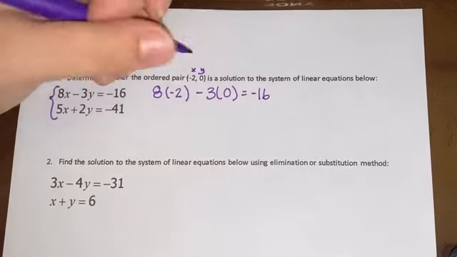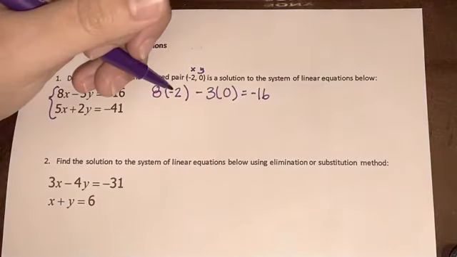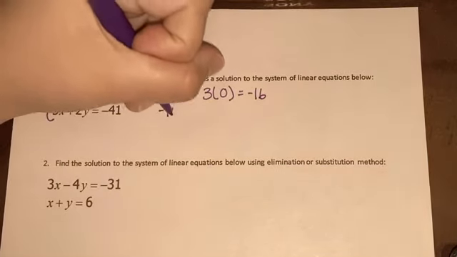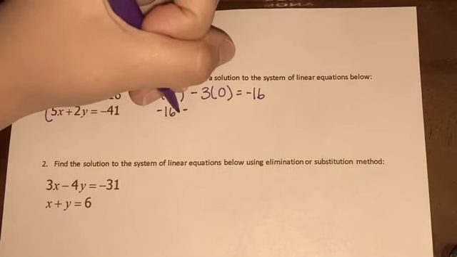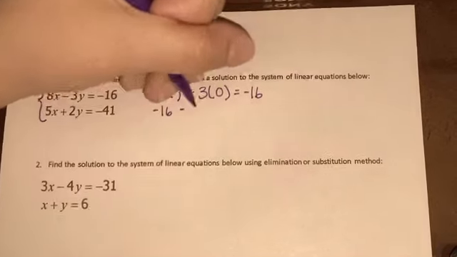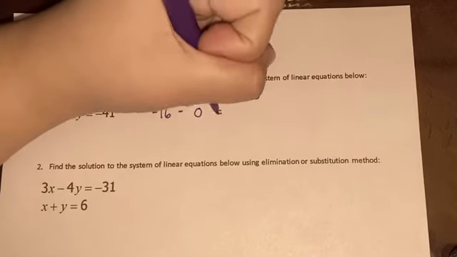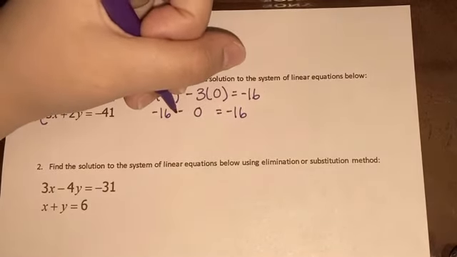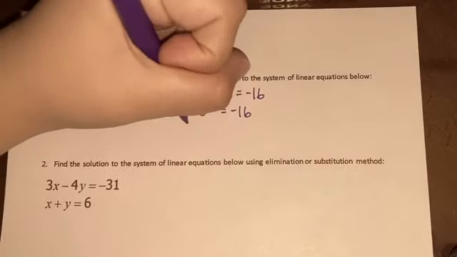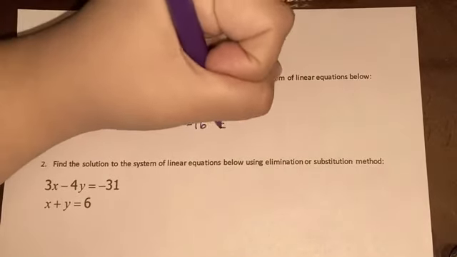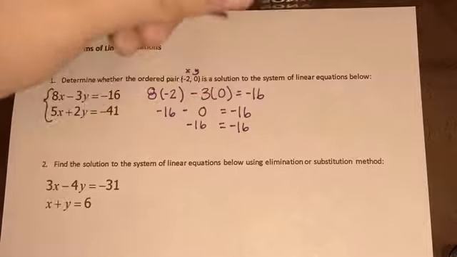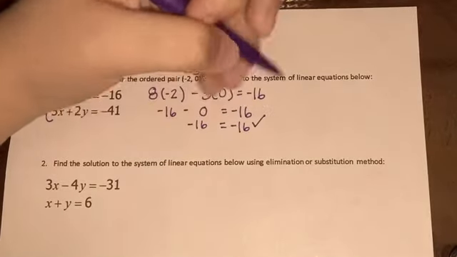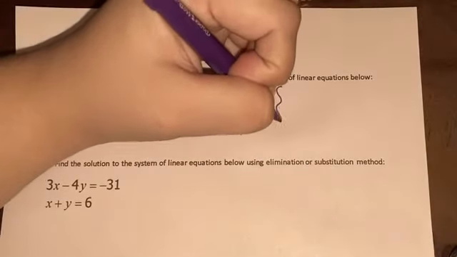So we're going to do the math, and we use our calculator. 8 times -2 is -16, minus 3 times 0, which is 0, equals -16. So we can see here that -16 minus 0 equals -16, which is equal to -16. So that works as one of our solutions.